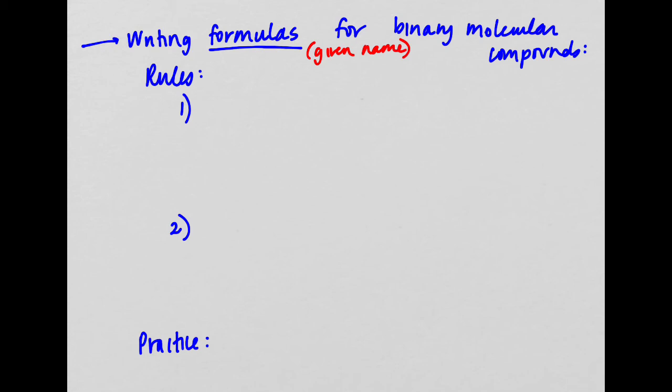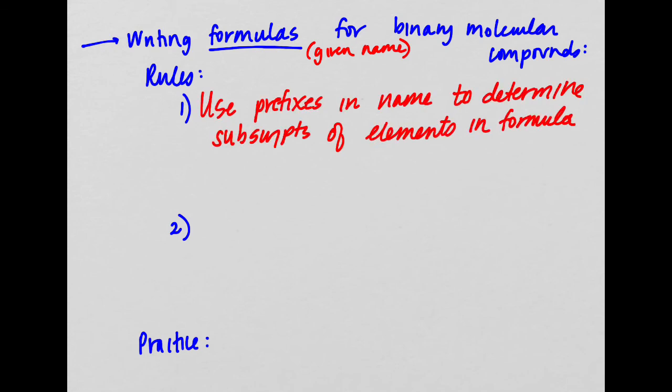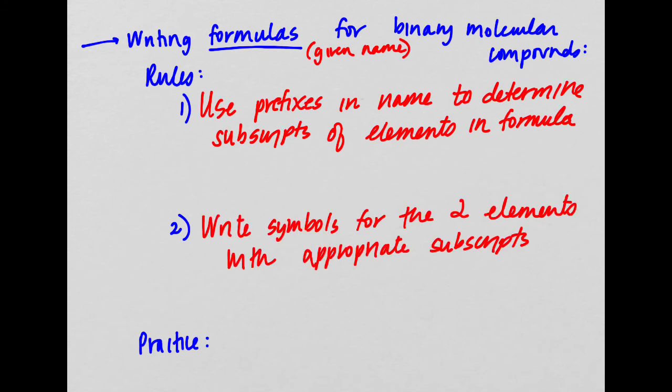The first rule is to use the prefix of the name to tell you the subscript of each element in the formula. And the second rule is we're going to correctly write the symbols for the 2 elements with the appropriate subscript. So this is obviously fewer rules. All right, so pretty simple.